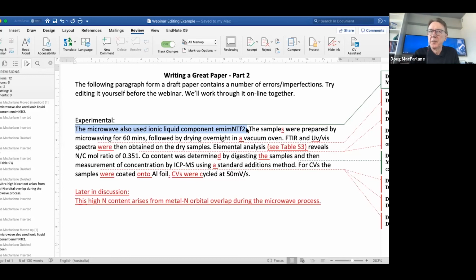What was the mixture that was used? So I'm leaving it there as a warning that we probably need a fair bit more detail, another sentence or two, even before this one, describing how the microwaving was done. Right, but certainly you're right. At the moment, sitting there on its own, it doesn't make sense, and it's not nearly adequate.